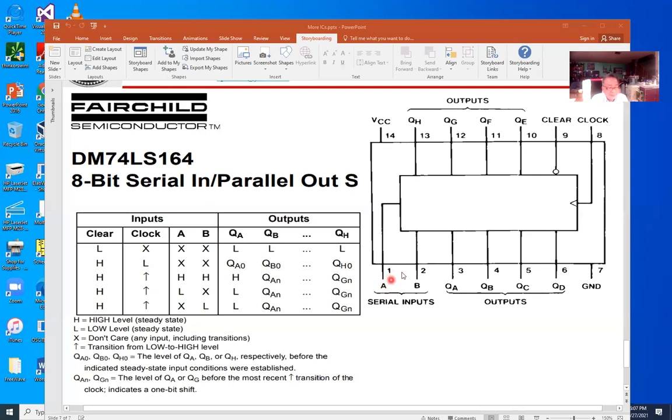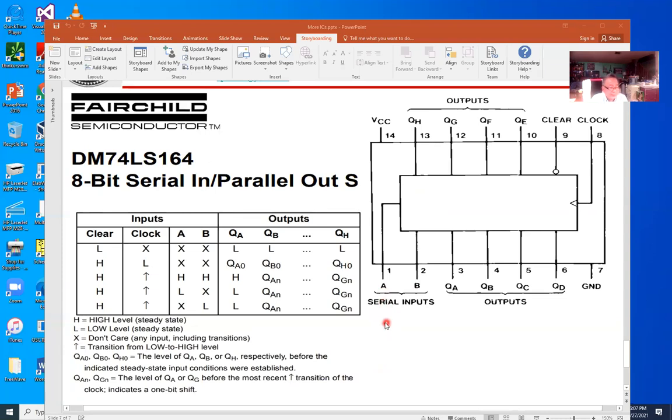The thing is, inside this IC, A and B are ANDed together. So if you're using only A, B must be set to logical 1. Otherwise, data cannot go. The way it's designed, A will be tied to B if you get only one serial input coming in.